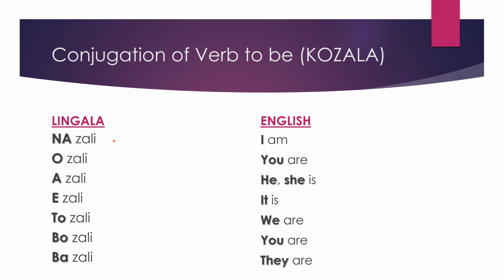You add i at the end of zal, now you have zali. And you place a subject pronoun which could be na, o, a, e, to, bo, or ba. Now let's practice.